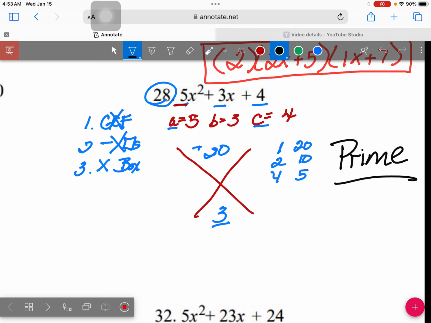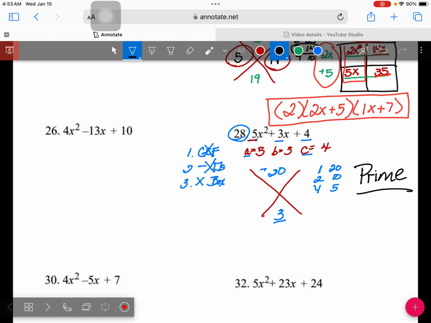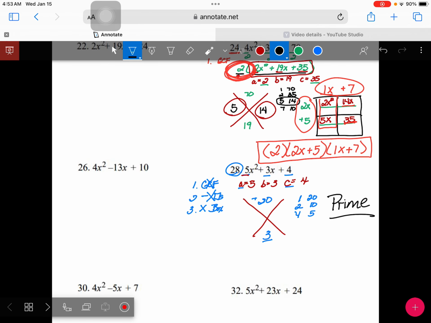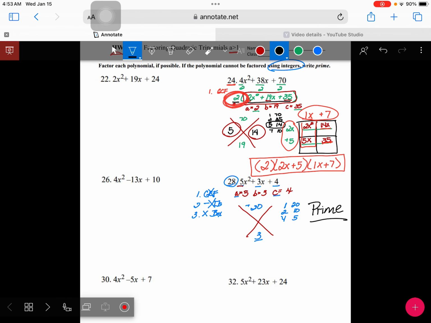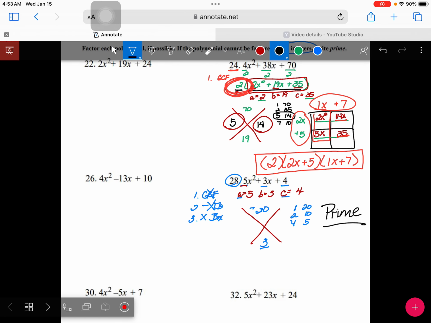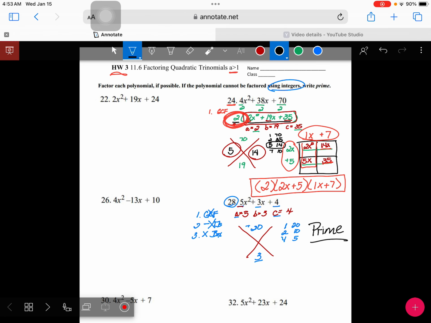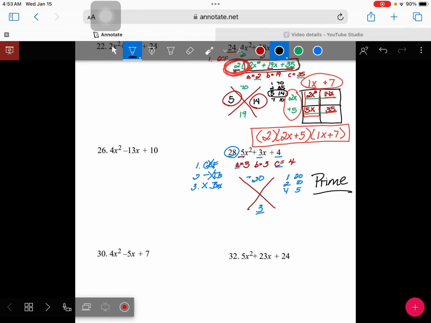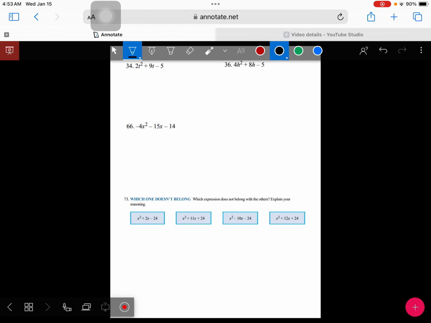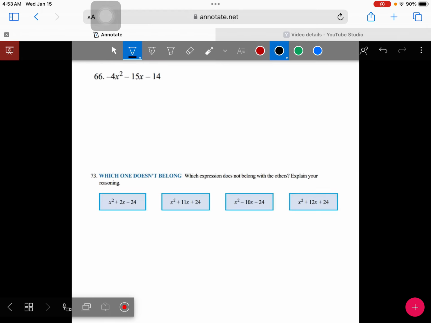Okay, so number 28 is prime, but you can't just write prime at the beginning. You have to do this preliminary work and see that it is prime, that it doesn't follow through. Okay, so finishing up this homework, if you haven't already, complete the other 4 problems on the front here and then go to the back, 3 problems at the front.